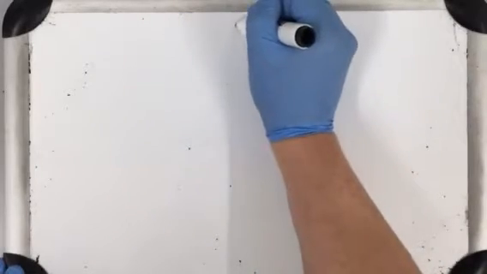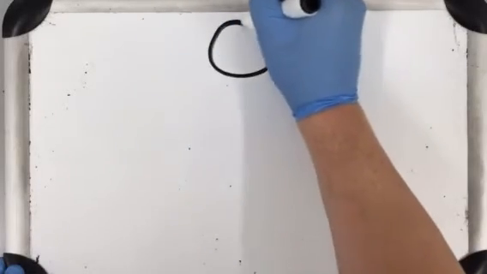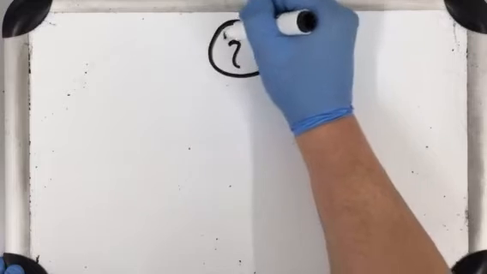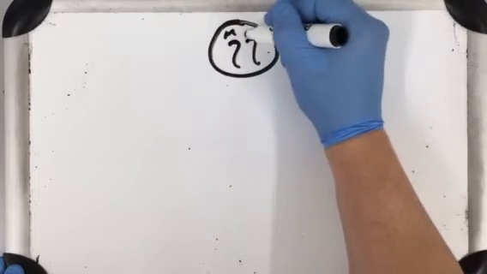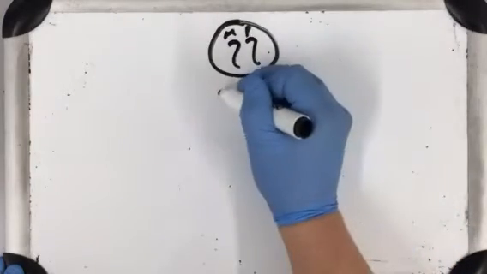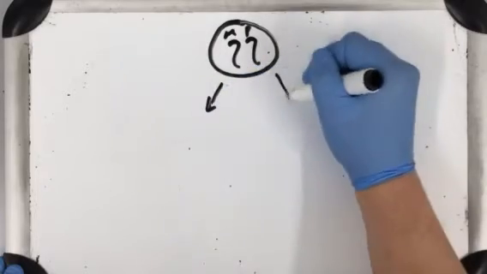So meiosis is a little different because, let's say, here's your maternal, here's your paternal copy. This is doubled.